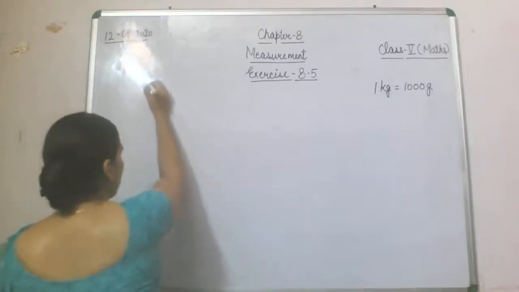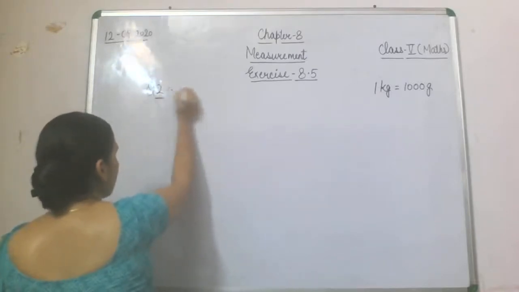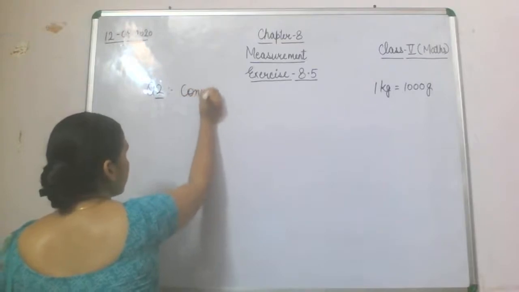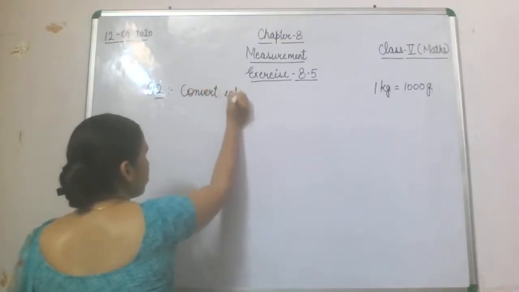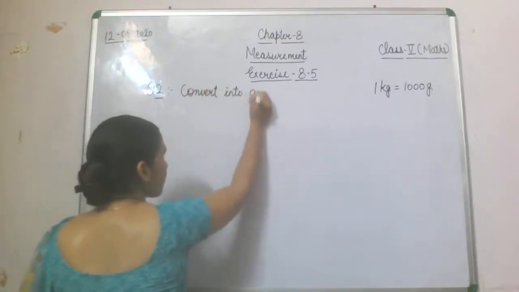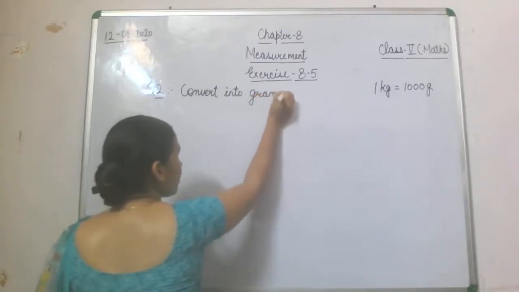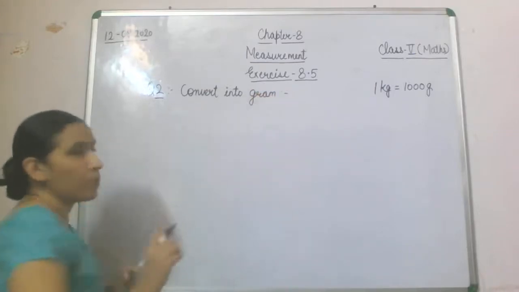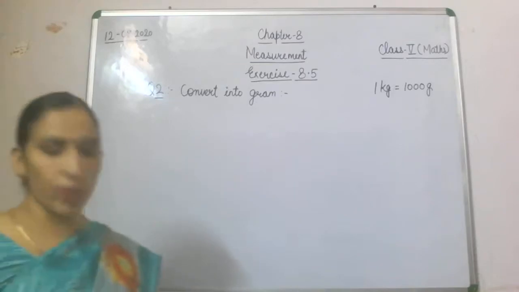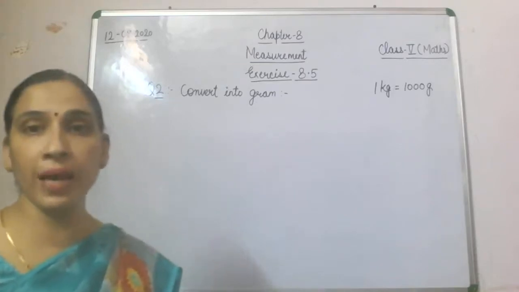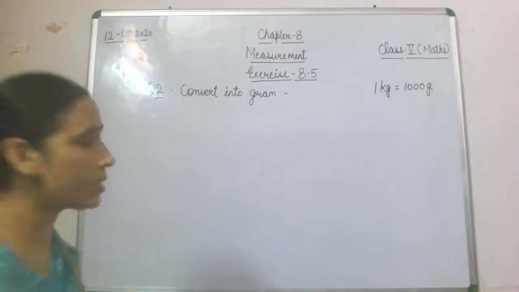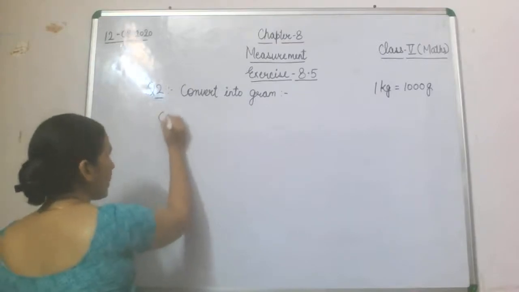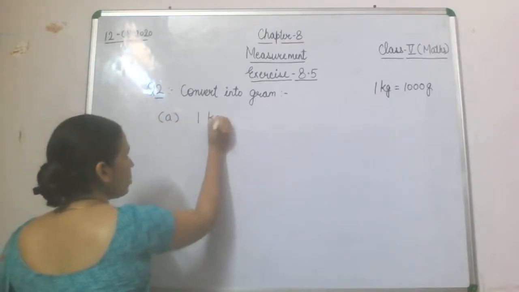What is your question number 2? That is, convert into gram. And in this question we are going to take all the parts one by one. Yesterday we have done a part, that is this 1 kg 20 gram.